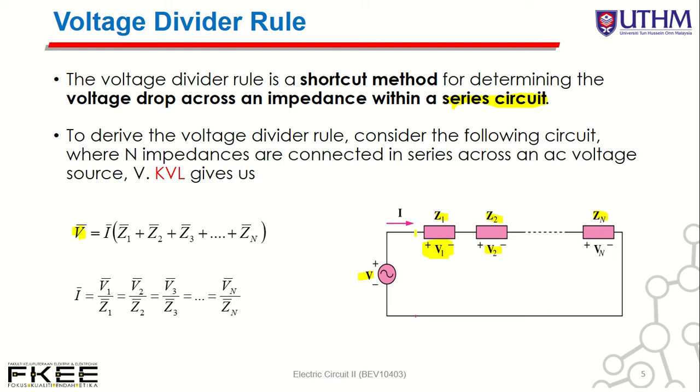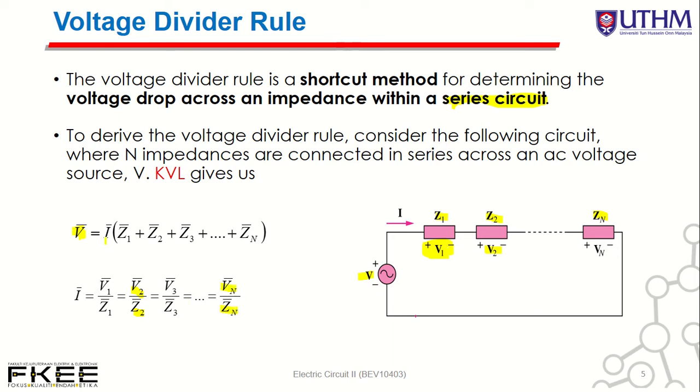So how to determine the current? The current through Z1 equals the current through Z2 in series. Is it correct? So we can write that I equals I1, which is V1 over Z1, equals I2, V2 over Z2, and so on, until In equals Vn over Zn.